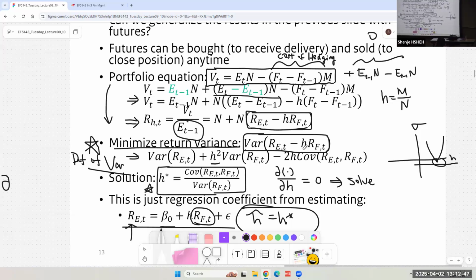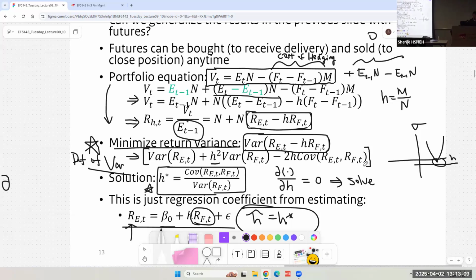The variance of a linear combination is easy: it is simply the variance of each component minus 2 times the covariance, taking into account the constants, of course. This expression is quadratic, right?